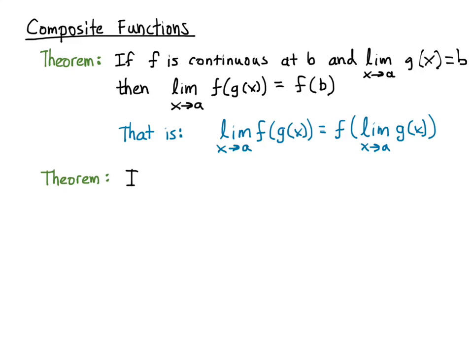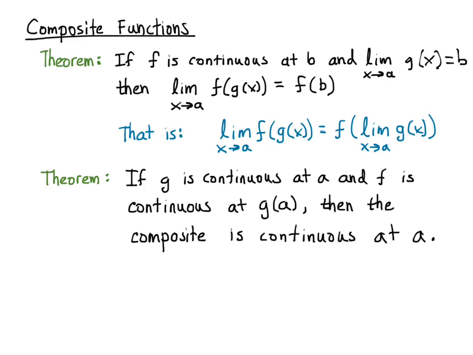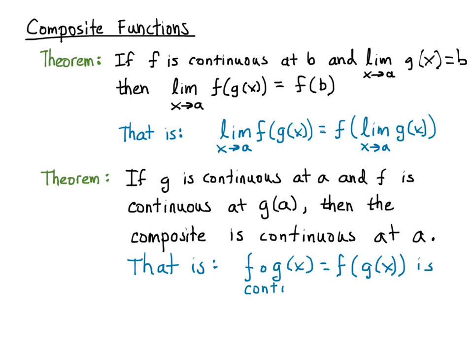All right, so now another theorem: if g is continuous at a and f is continuous at g at a, then the composite is continuous at a. So if I put this in a little bit more symbolic form, f at g at x is continuous at a if that limit exists.